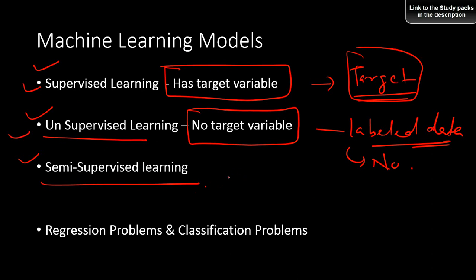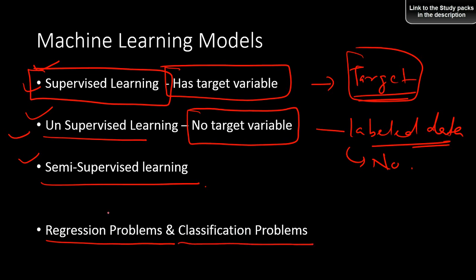Now for this video, we are only concerned about supervised learning because random forest is a supervised learning algorithm. And supervised learning algorithms could be of two types: regression algorithms and classification algorithms. So the problems could be of the regression type or the classification type. Random forest can be used for both types. A regression type problem could be finding out, let's say, the salary of somebody given some variables, which is a continuous variable, right?